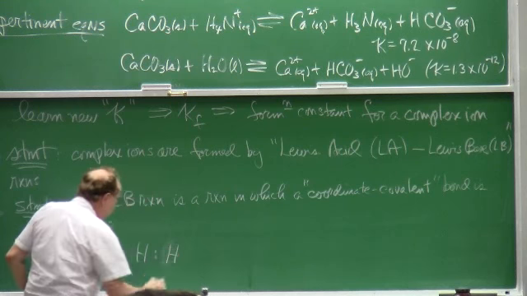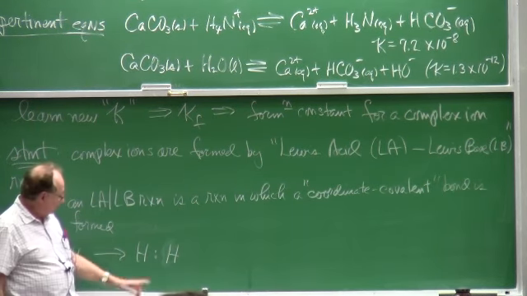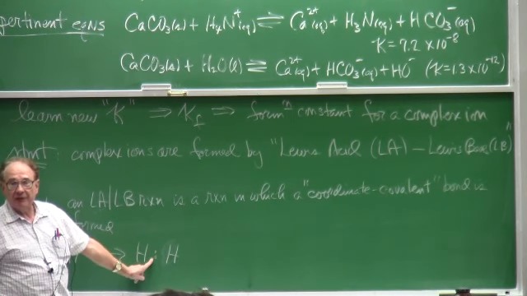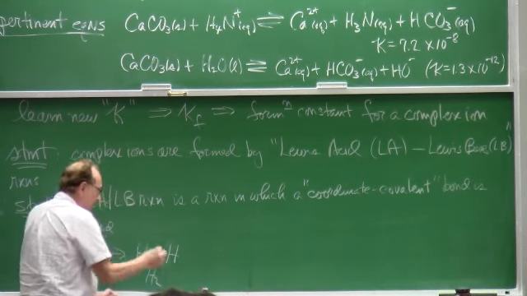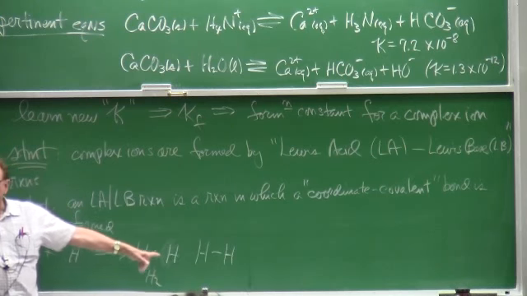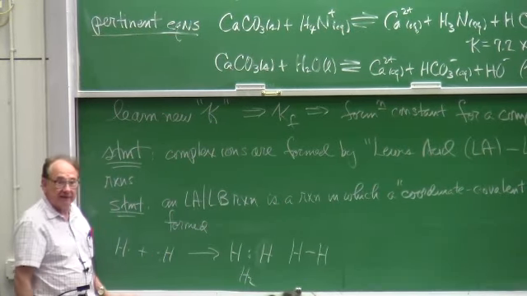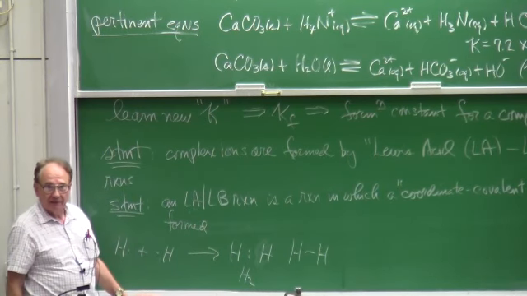In the textbook, you'll probably see this picture. H dot plus H dot gets together and makes the two H's with a pair of dots between. That's the H2 molecule. What's the paradox? It's nothing but a representation for the shared electron pair which formed when these atoms got together, each of which had an unpaired electron in its valence structure.